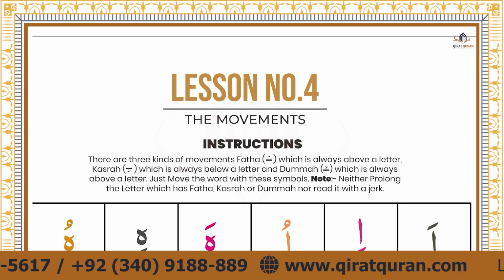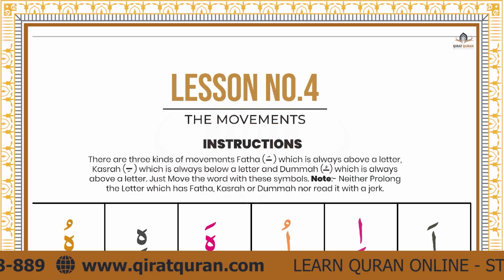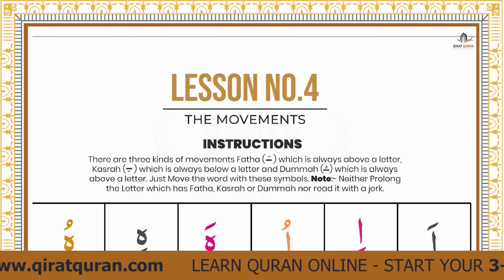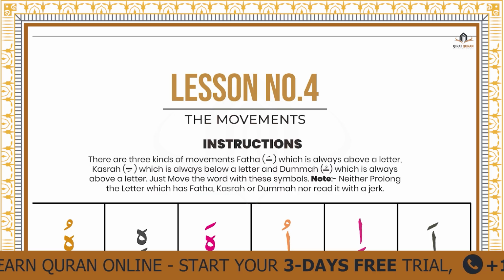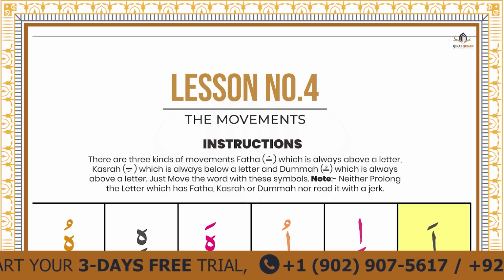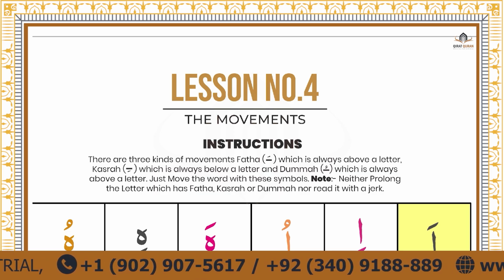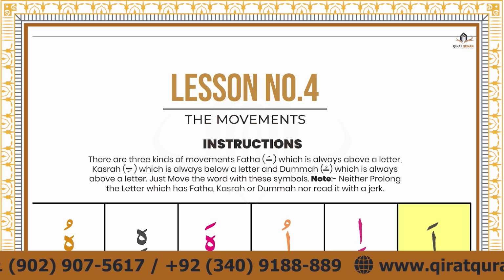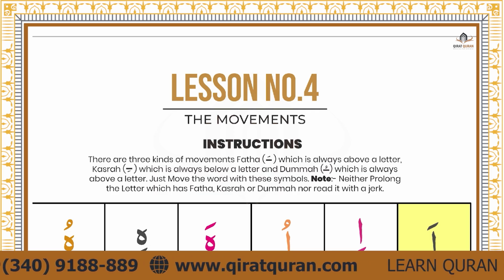First of all, there are three signs, as you can see here. The first one is on the top, the second one is on the bottom of the letter, and the third one is also on the top. The first sign, a line or a dash on the top of the letter, is called fatha.